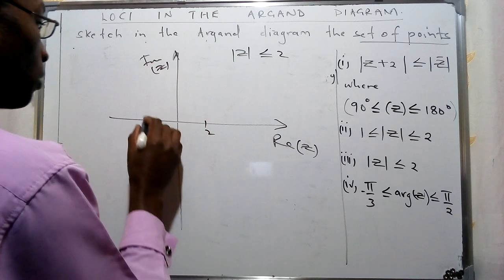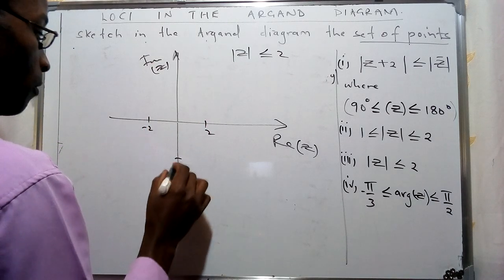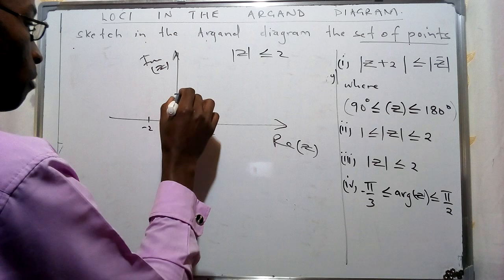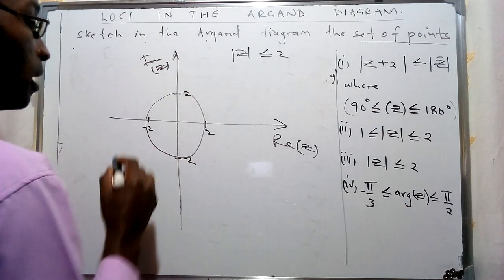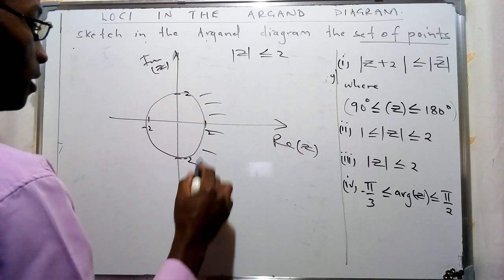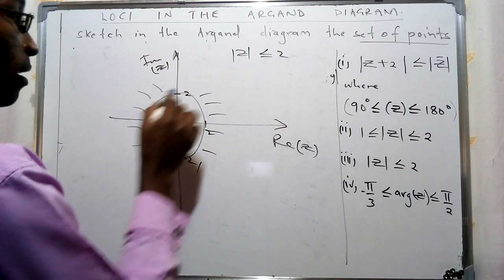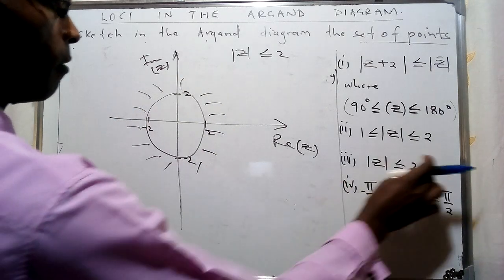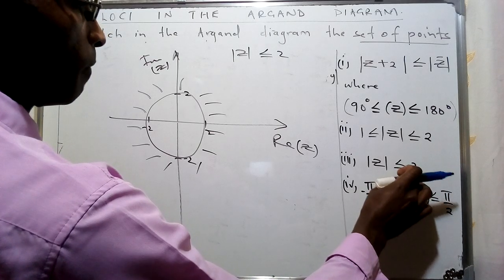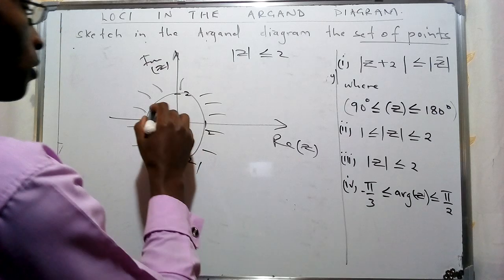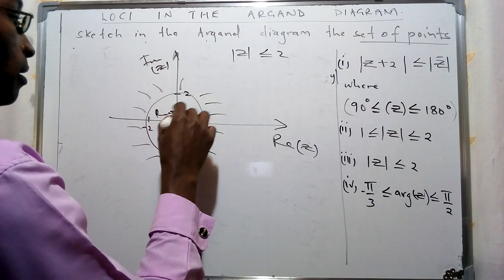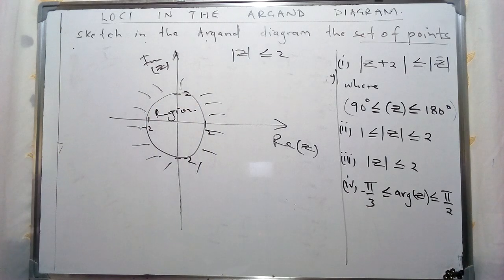So basically, we are going to have this specific set of points for the value of negative and positive 2 given as such. And this is going to be a region bounded by this specific point, whereby the points are going to be smaller than 2. And this is going to be the region defined by this specific set of points given as such.